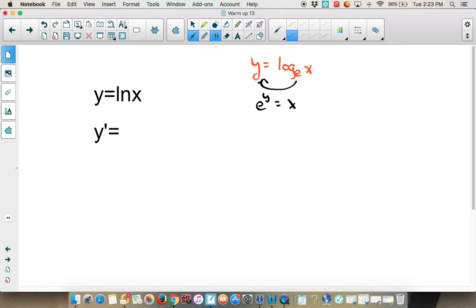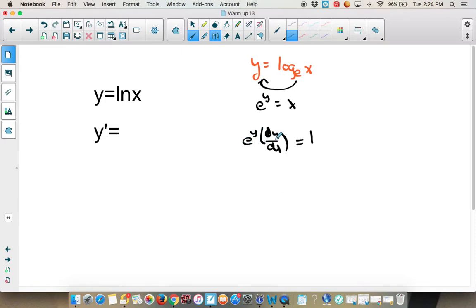If I take the derivative of both sides, the derivative of e to the y is e to the y, times the derivative of the inside, which is dy dx. And that's going to be equal to 1.